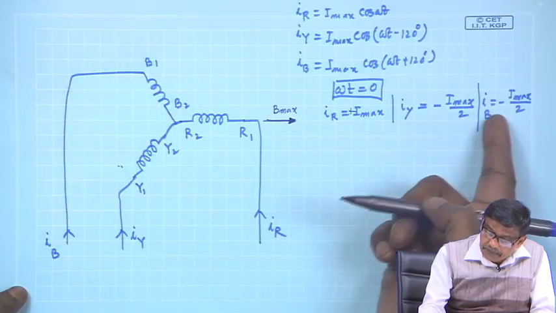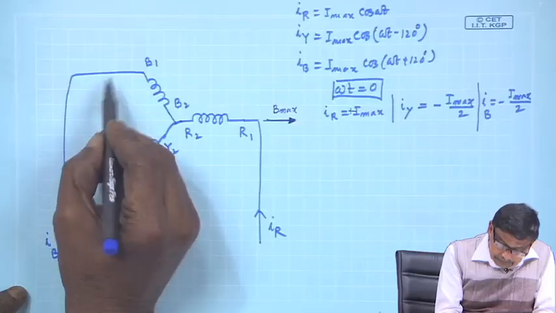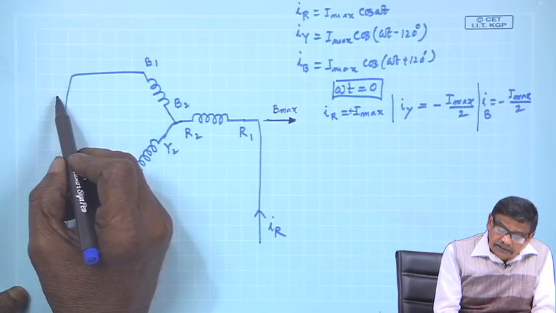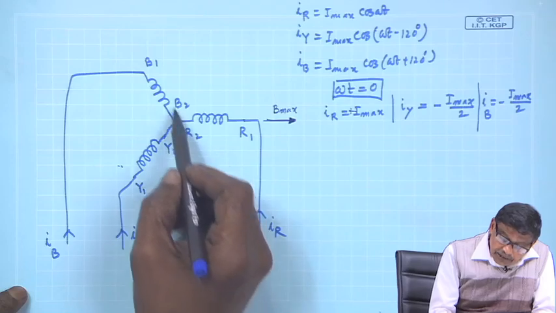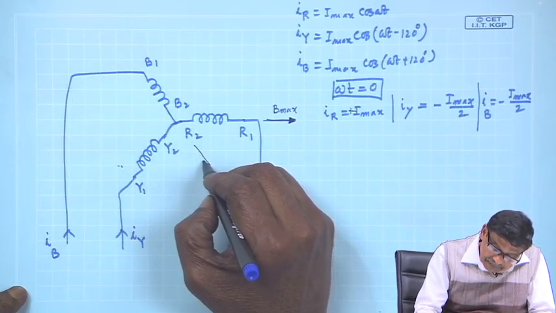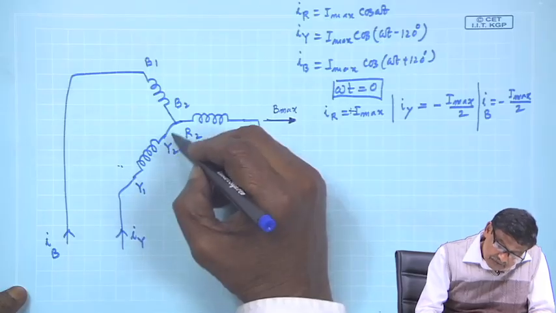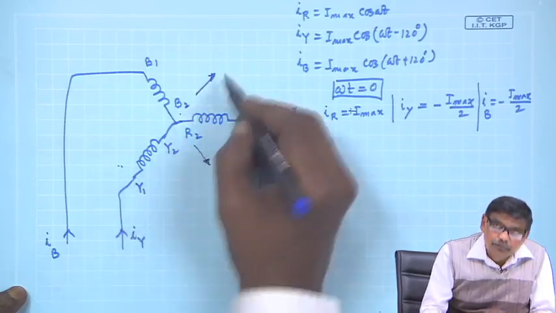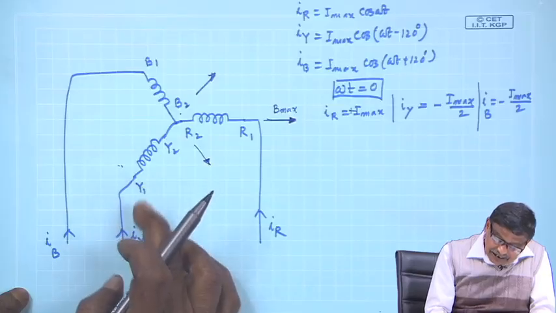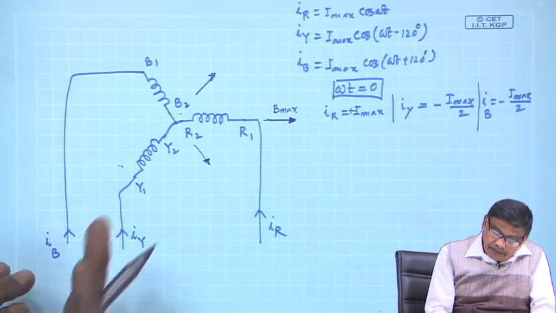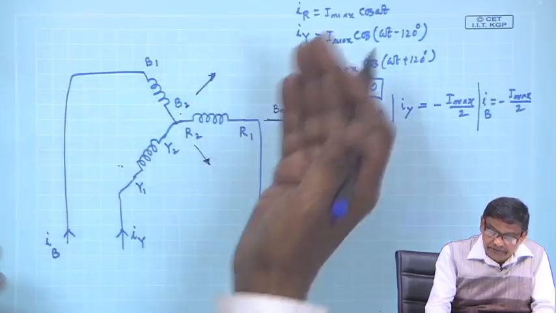Y phase and B phase currents are negative, that means I b is negative, means current is coming out from this. Therefore, the magnetic field produced by B 2 B 1 will be here, and for Y it will be there along the axis of Y, but the current is negative, that means current is leaving Y 1. So, the direction of the field will reverse.